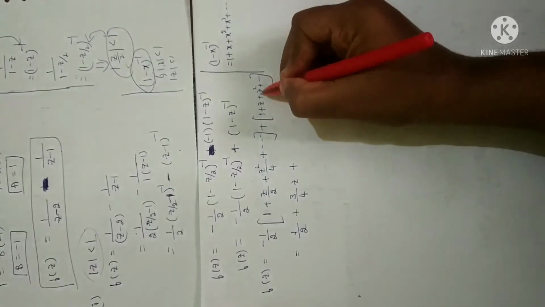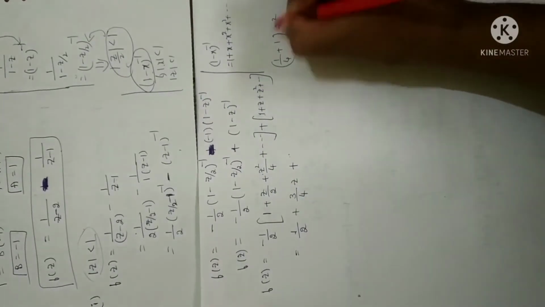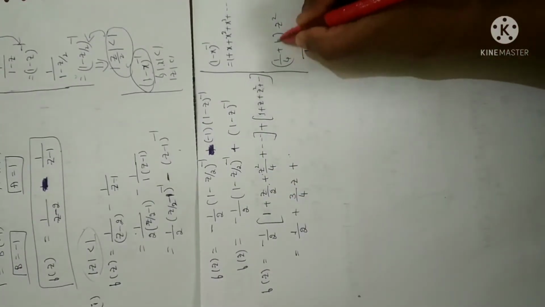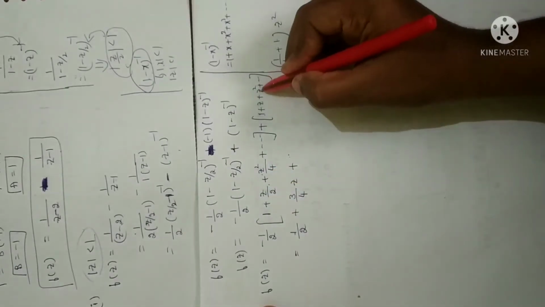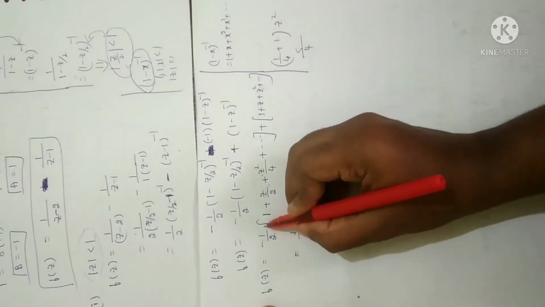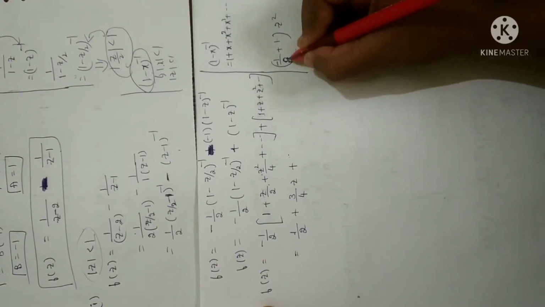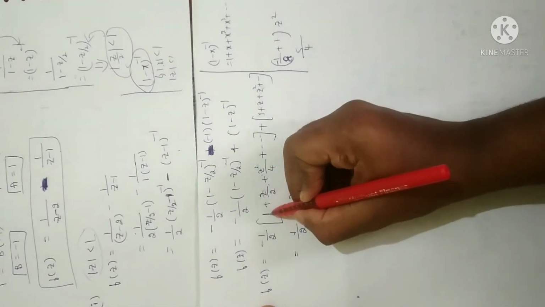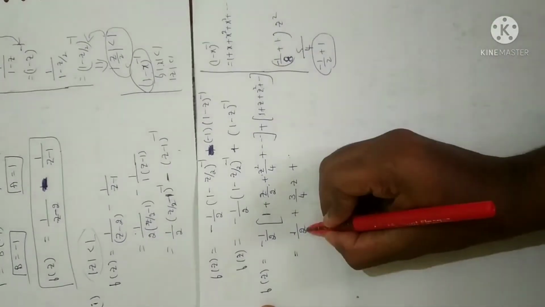Then the z square coefficient: 1 by 4 into minus 1 by 2 gives minus 1 by 8, plus 1, which is common for z square. I am combining these two expressions, and after taking the LCM, you will get 4 plus 1 as 5. Hope you understand this concept. See here, for the constant term you have minus 1 by 2 here and 1 in the other, so if you simplify these two you will get 1 by 2.